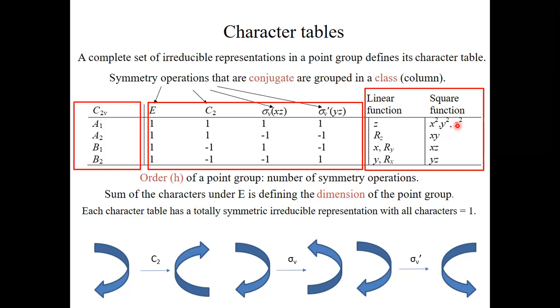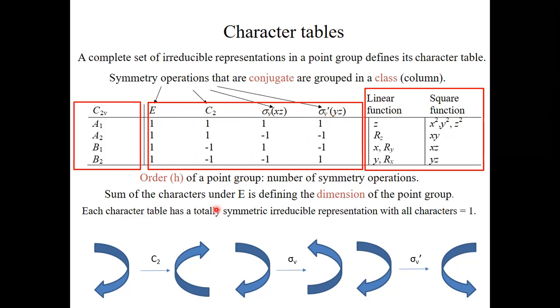All right. So a few more things to consider. From a character table, we can also easily derive the order of a point group, because the number of symmetry operations gives the order of the point group. So in this case, we would need to look at how many symmetry operations we can actually see in this part of the character table. So it's just 1, 2, 3, 4.